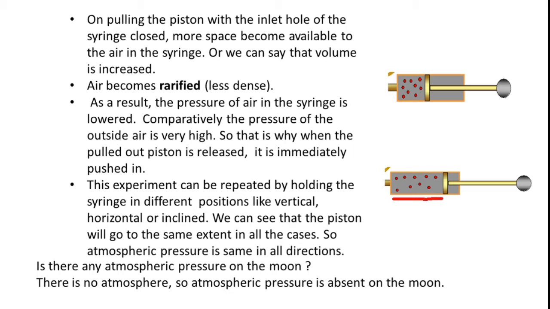So compared to the first one, we can see more space becomes available. Or we can say that the volume is increased. Air becomes rarefied or it has become less dense. As a result, the pressure of the air in the syringe is lowered.